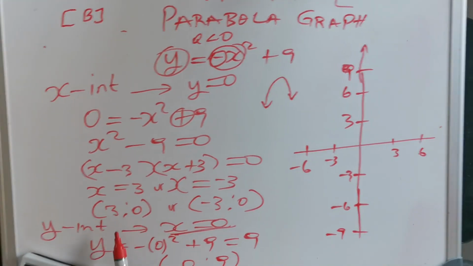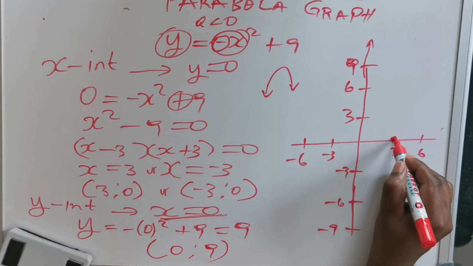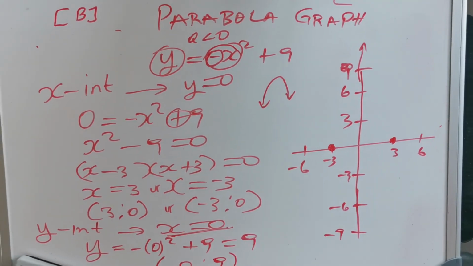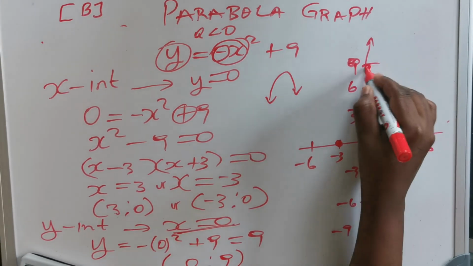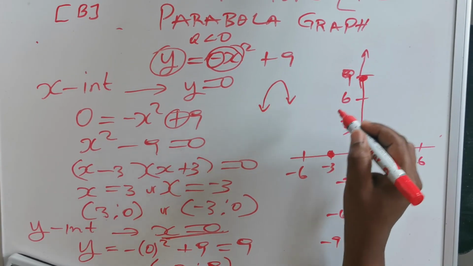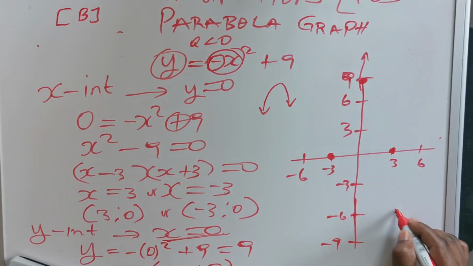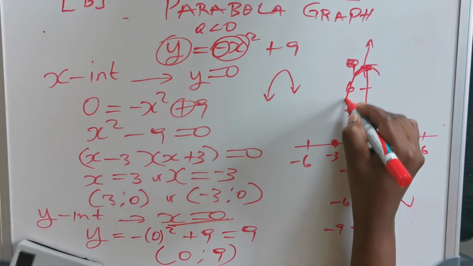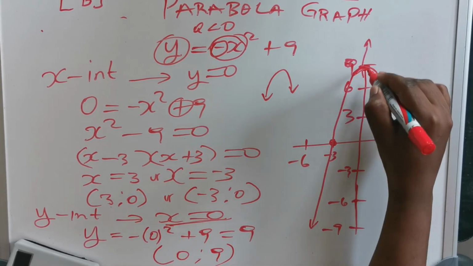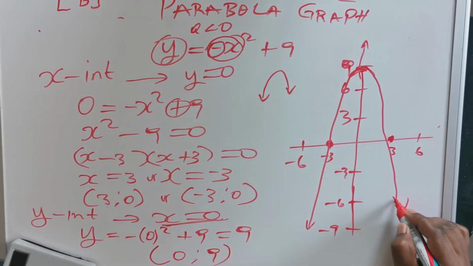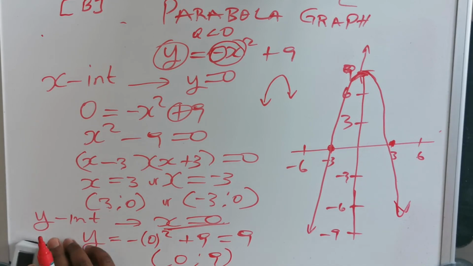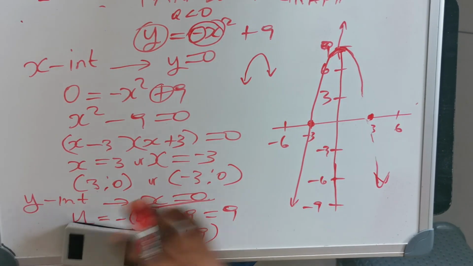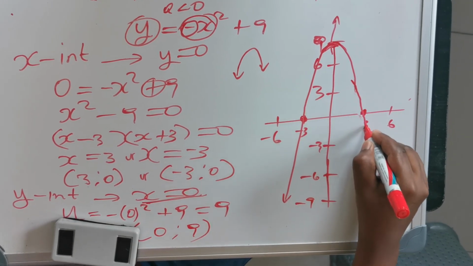In this case, you have (3; 0), you have (negative 3; 0), and again you have (0; 9). Obviously, this is your turning point. This is the sad face, as we can see, which means you sketch it like this. This would be your turning point. Cut this here. But this one should be a nice curve, not like this one of mine.